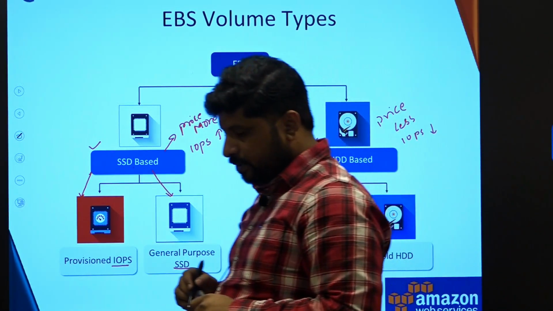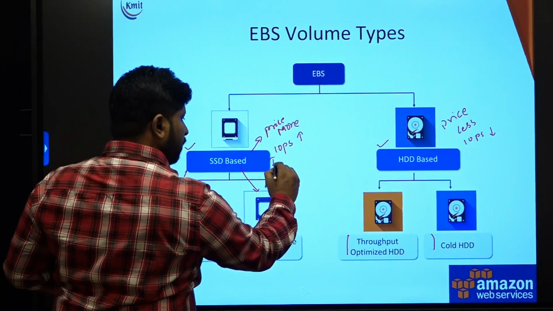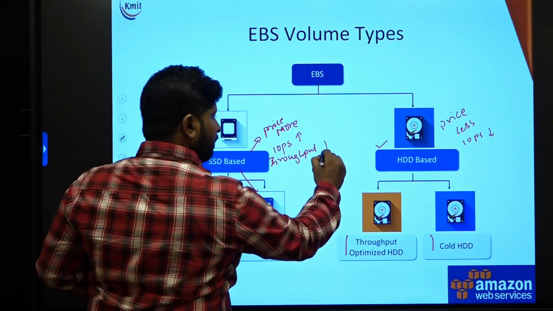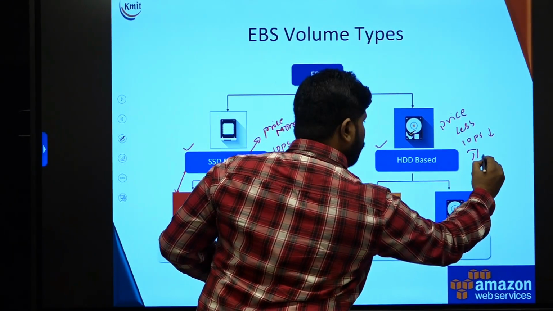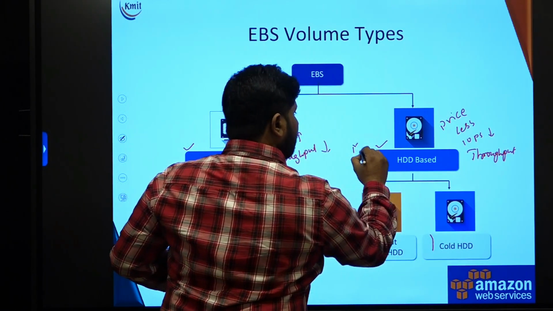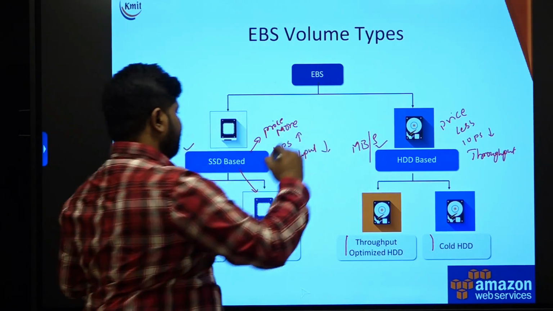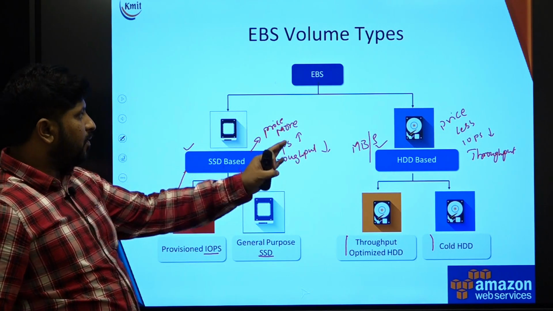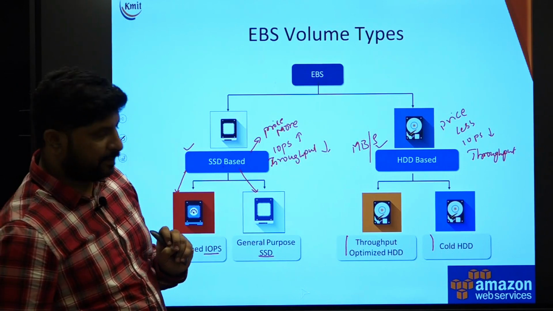At the same time, throughput is going to be less if you are using SSD, whereas if you are using HDD, then throughput is going to be more. Throughput is calculated as data transfer in megabytes per second. These are certain differences between using EBS with SSD and EBS with HDD.